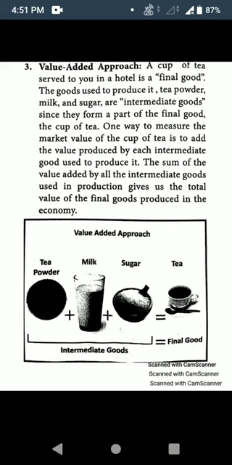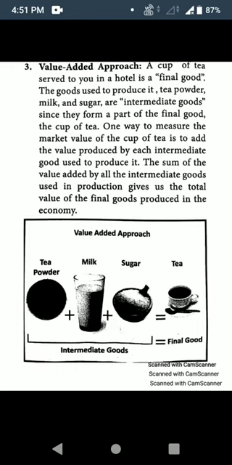So all these, tea powder, milk, sugar, are the intermediate goods. And the final good is the tea. A cup of tea is the final good. So in this value added method, tea powder plus milk plus sugar is equal to tea, which is equal to the value of the final good. So the value of intermediate goods is equal to the value of final goods. Like this only we can calculate this value added method.